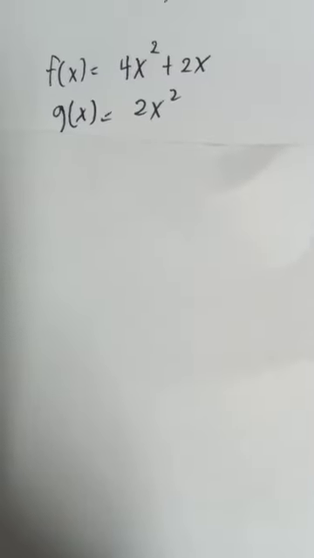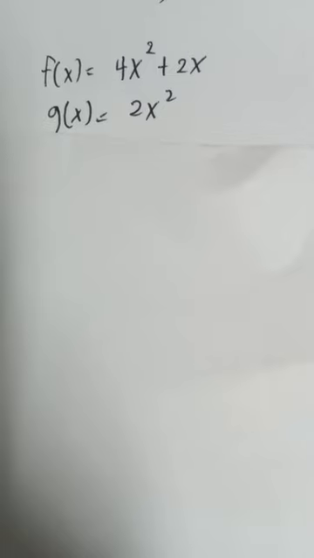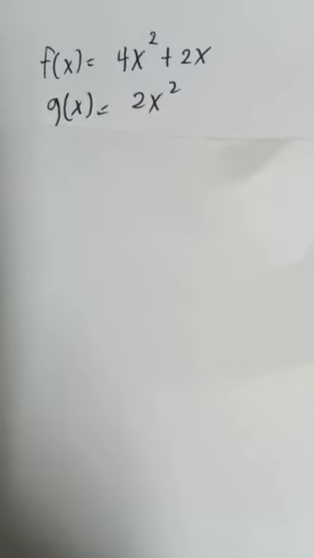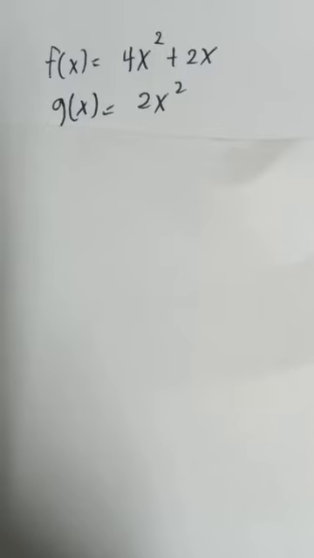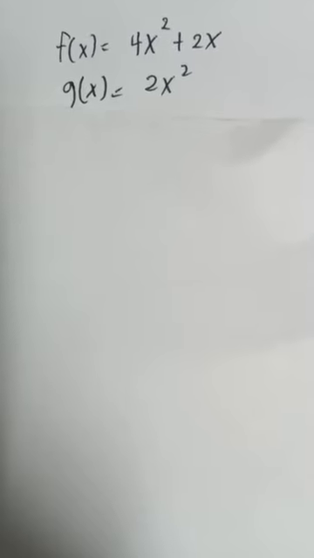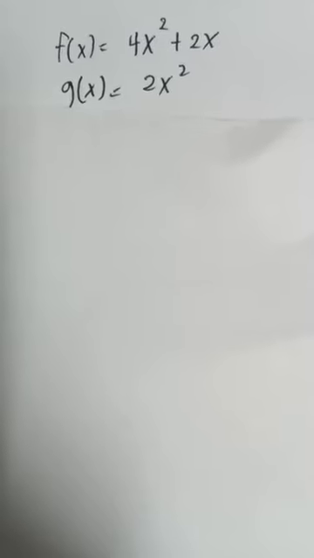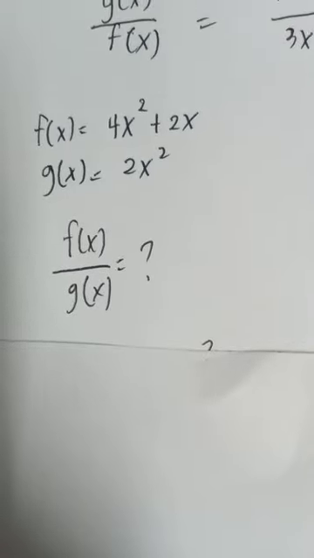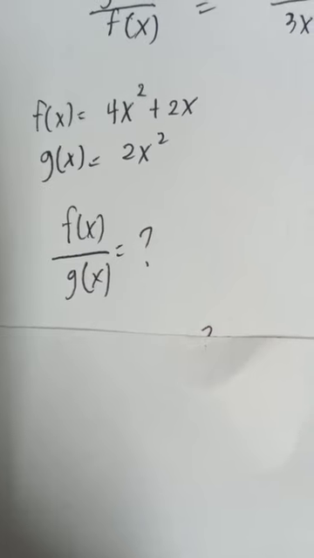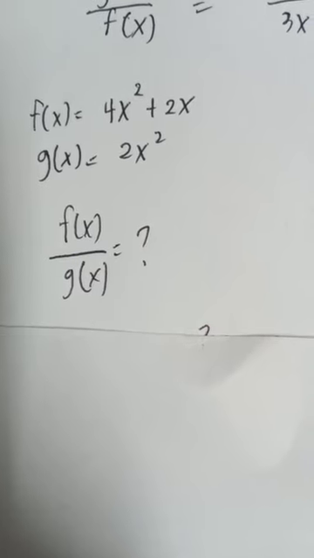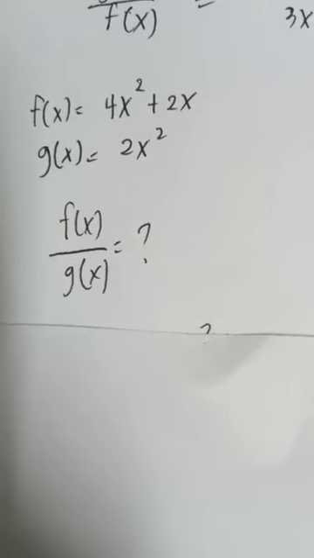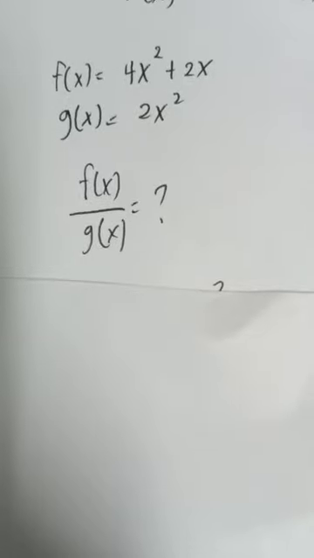For example, you have given, no, the value of your f of x is equal to 4x squared plus 2x, and then the g of x is equal to 2x squared, and then you need to find the division of f of x over g of x. So how do we solve this one? So just rewrite again, no? Follow the process lang.